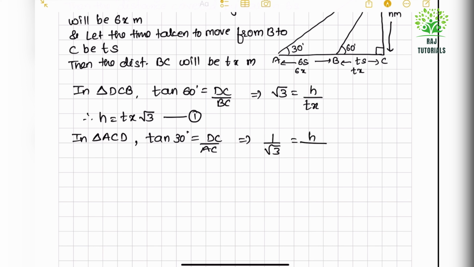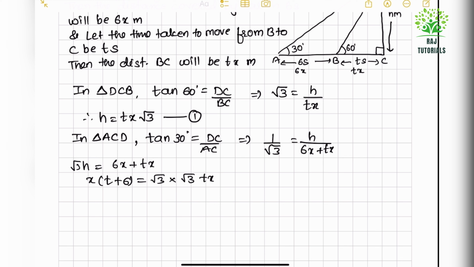Now in triangle ACD, tan 30 will be DC upon AC. So putting the values, 1 by root 3 equal to h upon 6x plus tx. So h will be 6x plus tx equal to root 3h.